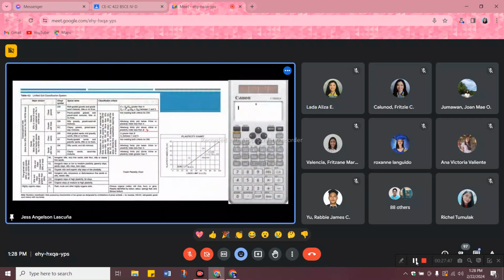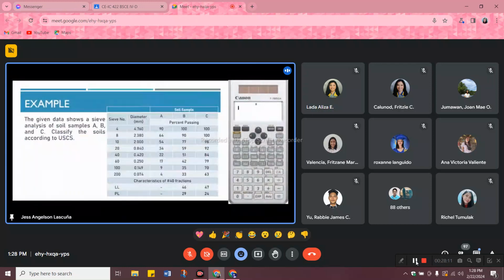So dire ang gamit nga group symbol is puro letters: GW, GP, and so on. Meaning sa GW ay well graded gravels and for SP is poorly graded sand and so on and so forth. So ato lang ni siya explain as we go along sa ato ang example.